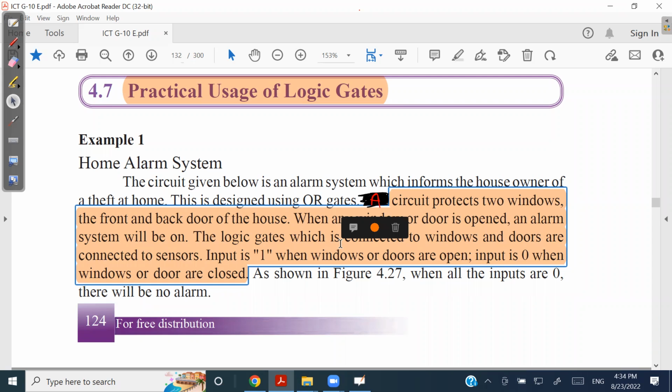On state of the alarm indicates 1, and off state of the alarm indicates 0. The 0 is the numerical 0 that we have to write. On state of the alarm indicates 1. Off state of the alarm indicates 0.